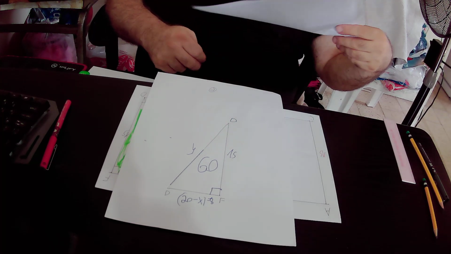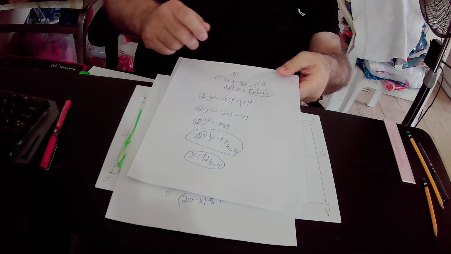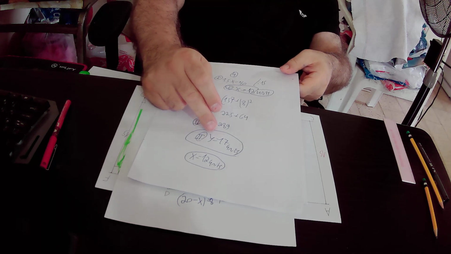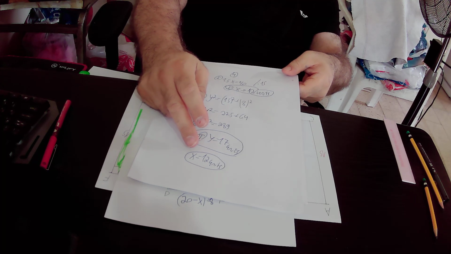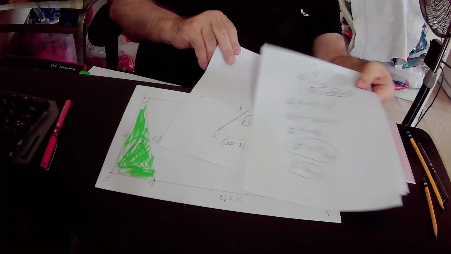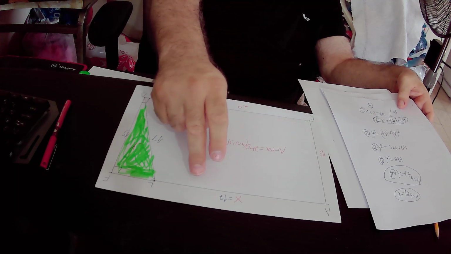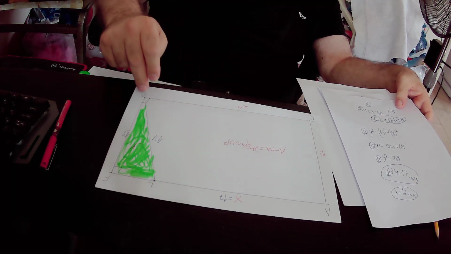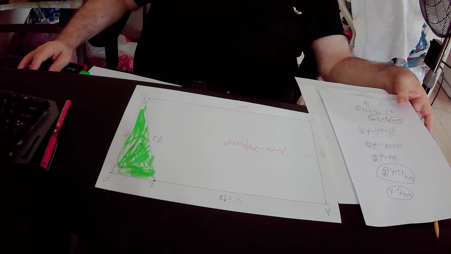So we solved the second equation and we found out that the value of y is 17 units, and we have already found out that the value of x is 12 units. So the answer to the question is that in this shape the value of x is 12 units and the value of y is 17 units. Okay, thank you very much.